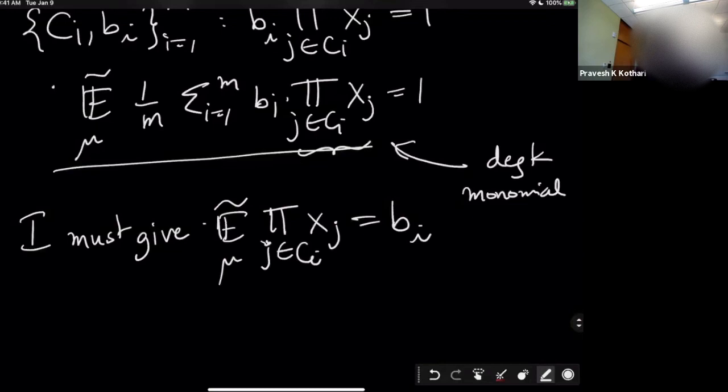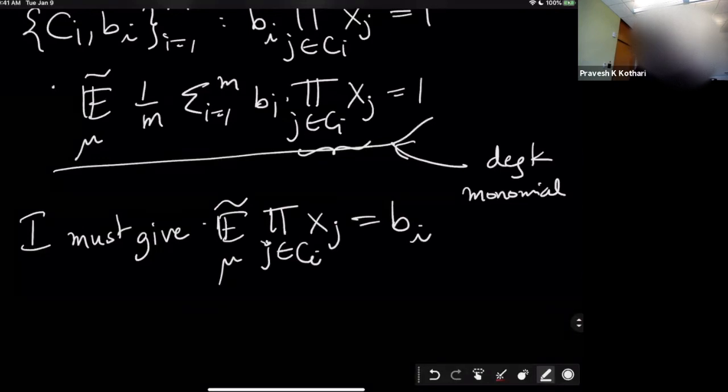Notice that this value is good enough for this equality to hold, because I get 1 over m, sum over i from 1 through m of b_i squared, and b_i squared, no matter what b_i is, plus or minus 1, is always 1. So I satisfy this constraint. So this set of values does satisfy my goal here.